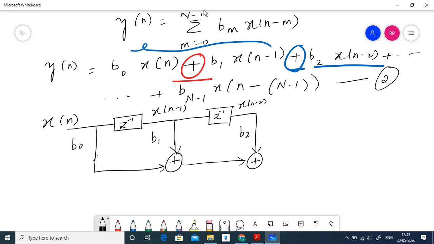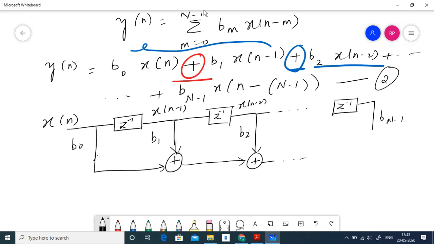How long should I do that? Till I get the last value, right? So I'll keep on repeating this till the last term. So this will be the last z^-1. For that, what is the constant I should multiply? b_(N-1). So I'm going to multiply by that constant, b_(N-1).